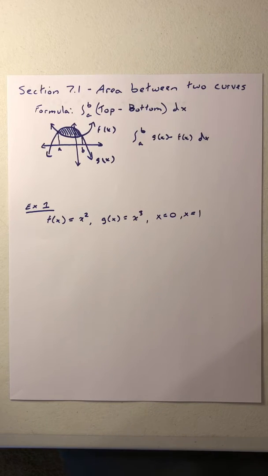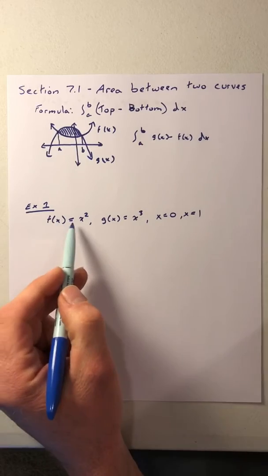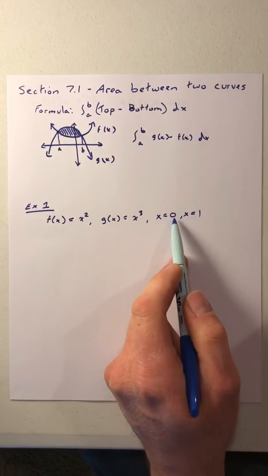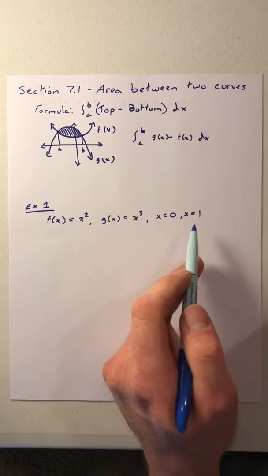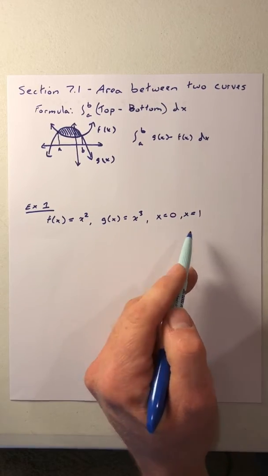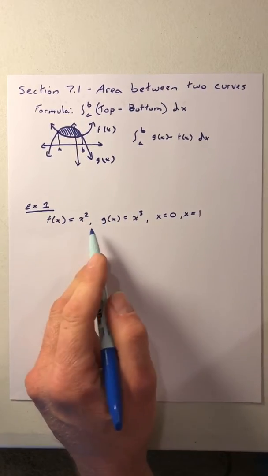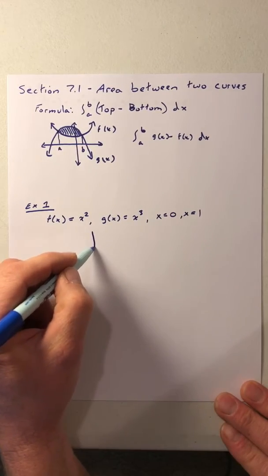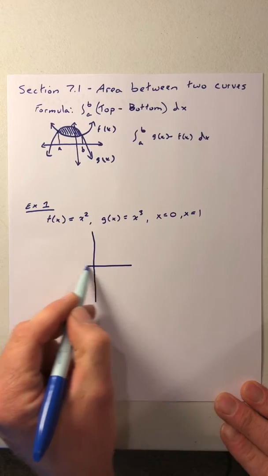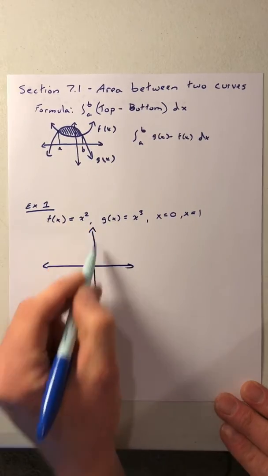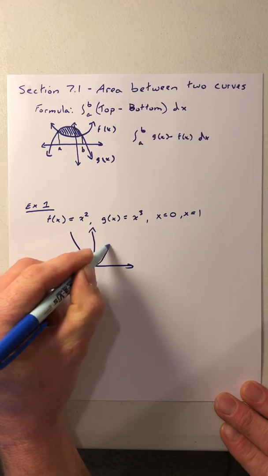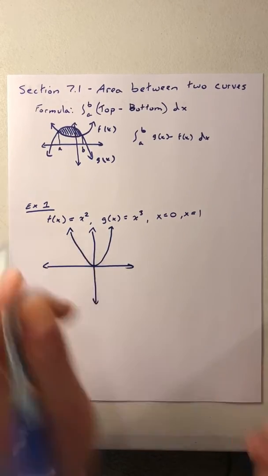So let's go ahead and look at a couple of examples here. In example 1, I've got f of x equals x squared, g of x equals x to the third, and we're cutting it between x equals 0 and 1. I like to use this example because it has a very small region that we're creating. If we graph x squared, we have the graph that comes in something like this, a nice quadratic.